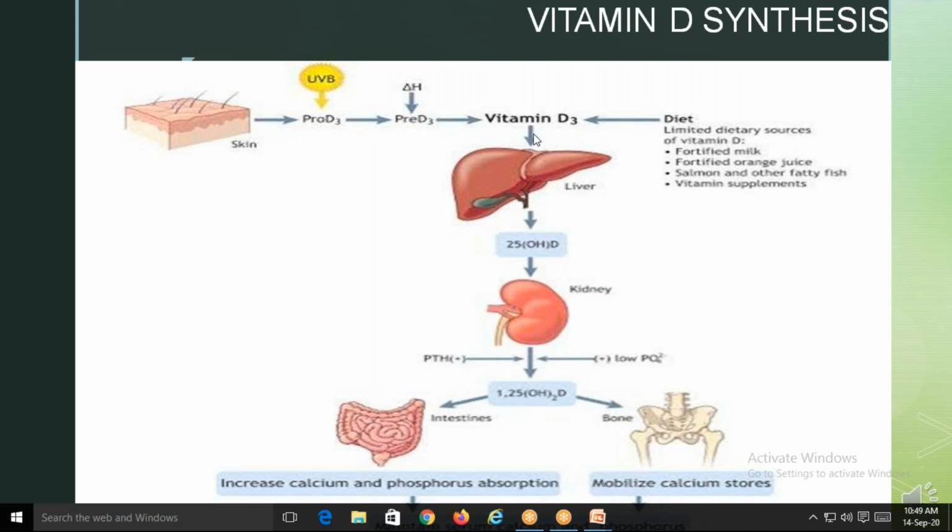This vitamin D3 reaches the liver, where it undergoes first 25 hydroxylation, converting by 25 hydroxylase, and then it reaches the kidney, where it is hydroxylated at the 1 alpha position. So hydroxylation occurs at the 1 and 25 positions, and then it reaches the bone and intestine. In the intestine it increases calcium and phosphorus absorption, whereas in bone it mobilizes calcium stores.